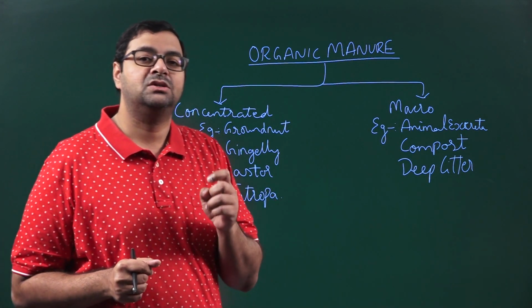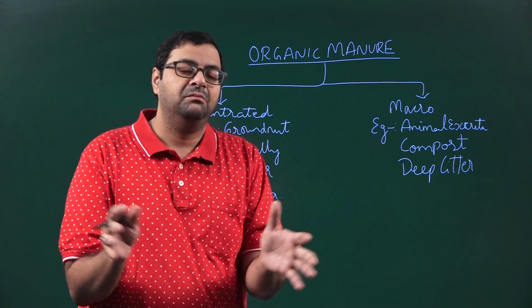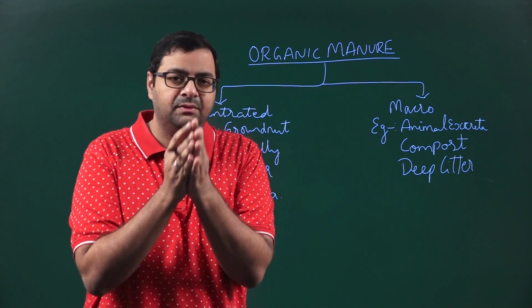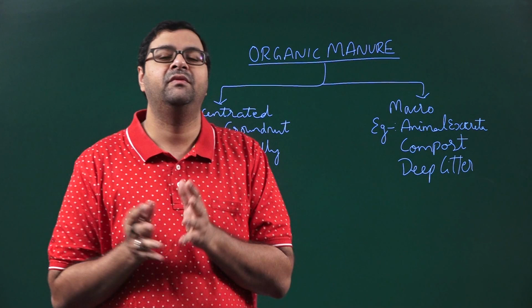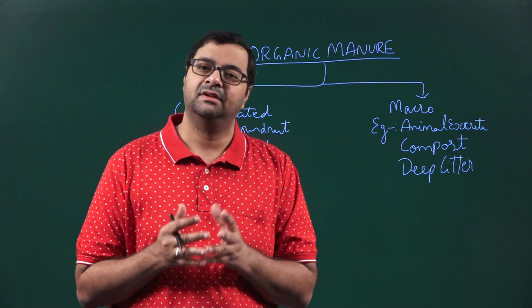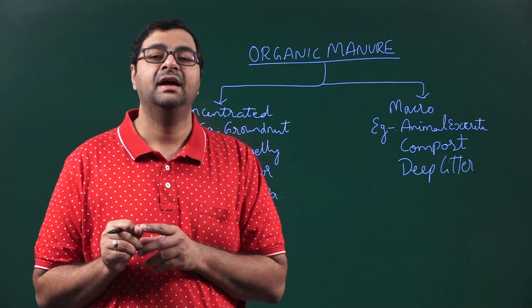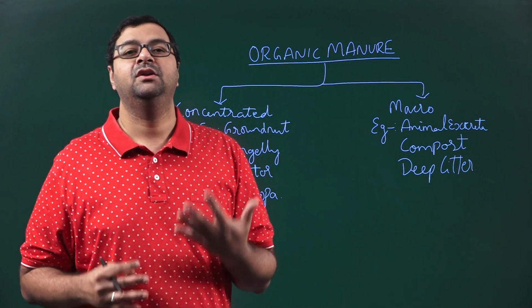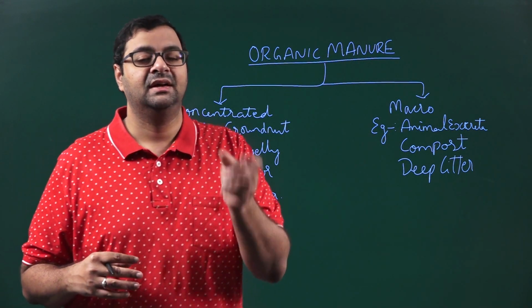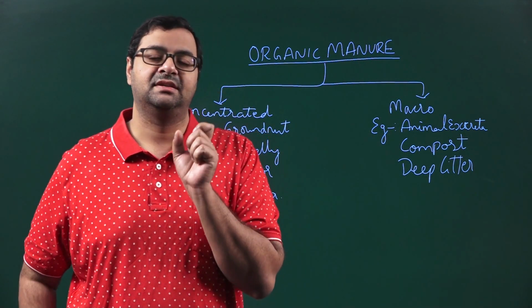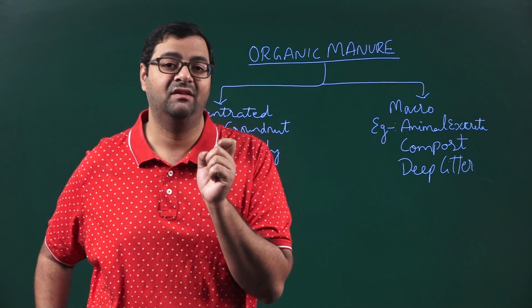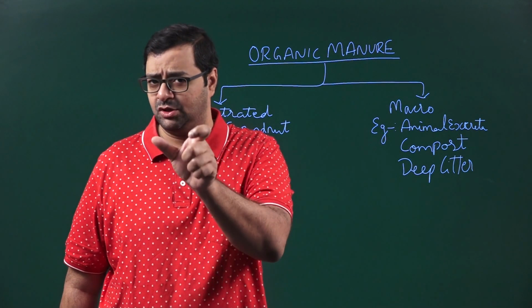So what happens there? Whatever goat droppings are there, they get dissolved in water. Whenever the farmer waters the plant, they get dissolved in it and start supplying nutrients, because as I told you earlier, nutrients are supplied best when they are dissolved in water, and the plant can only absorb them that way.